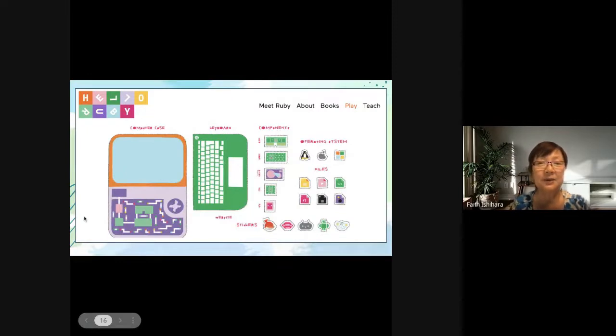In the back of the story are about 25 different exercises that you can use with your students. So this particular one is making a paper computer with all of the parts that go inside that we learned about.